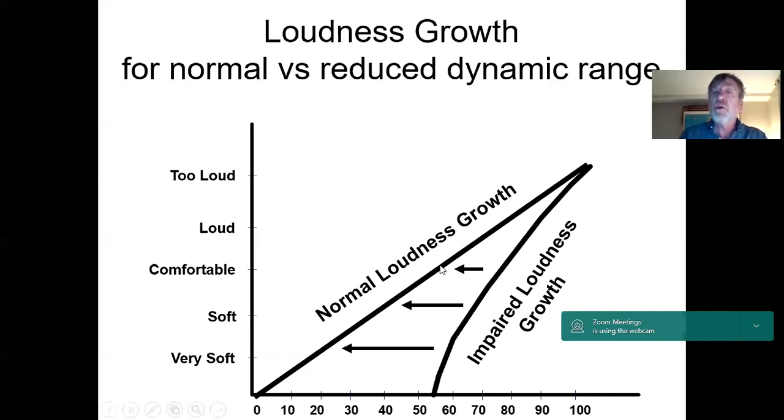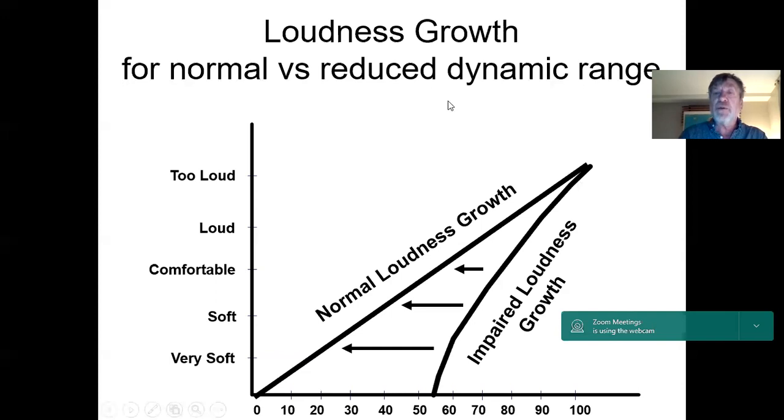Look at the word growth, literally like a seed into a sapling into an old tree. The loudness grows more slowly for someone with normal hearing because that person has a dynamic range from 0 to 100. If you've got hearing loss, now 50 or 60 is your floor, and yet 100 is too loud. So loudness grows more rapidly for that person.